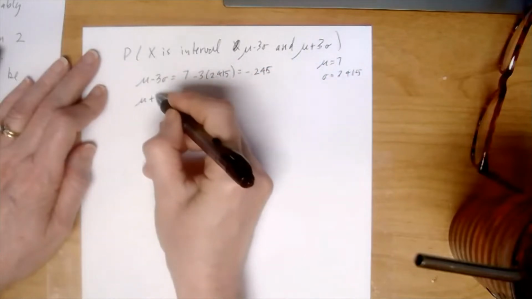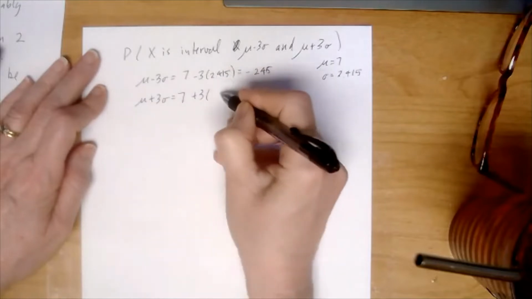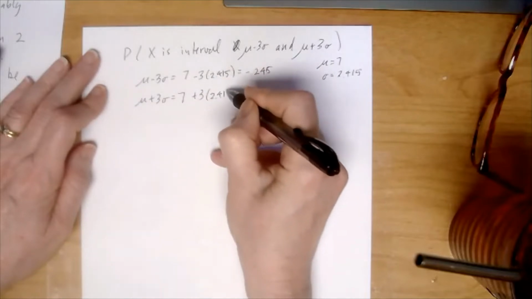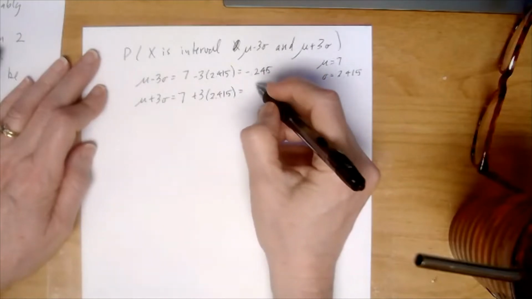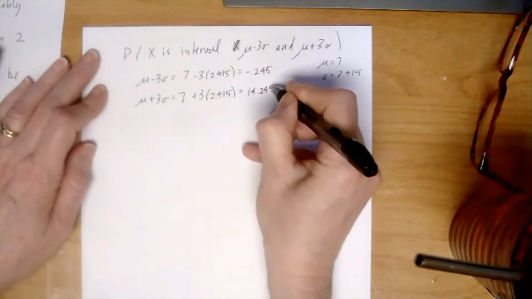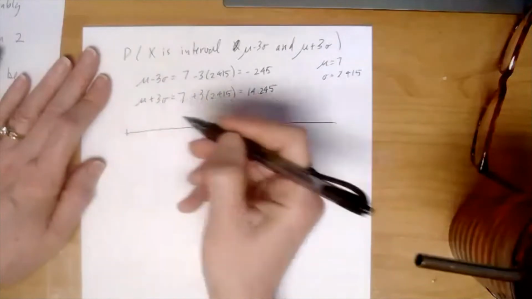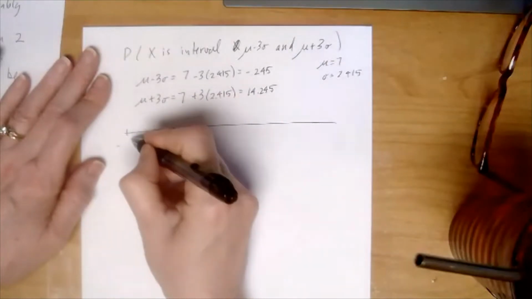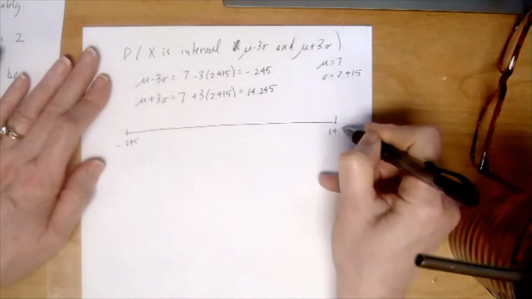And then mu plus 3 sigma is 7 plus 3 times 2.415. So this is actually equal to 14.245.